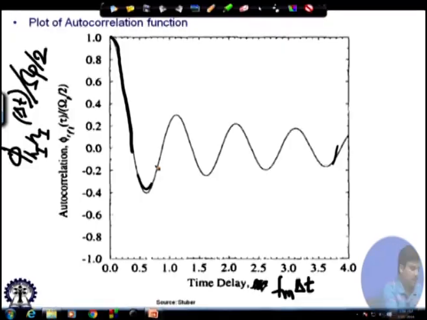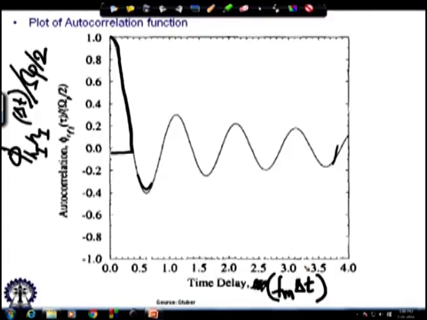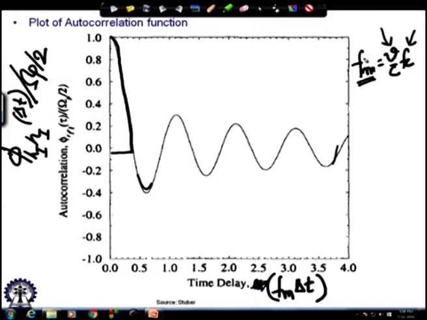What we would be interested in fundamentally is this range where the correlation coefficient drops to very small values, and since this axis is plotted with f_m delta t, we can use this figure for any values. For instance, if we change f_m, because f_m is equal to v by c times f_c, as we keep changing f_c, or as we keep changing v, we will get different values of f_m.